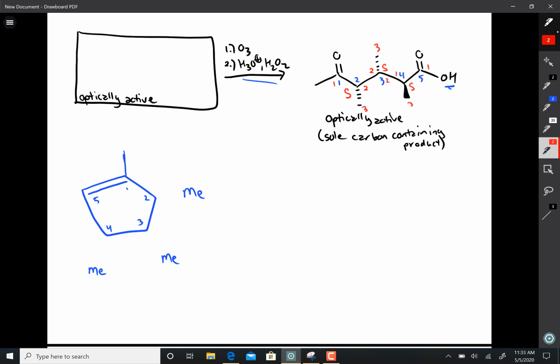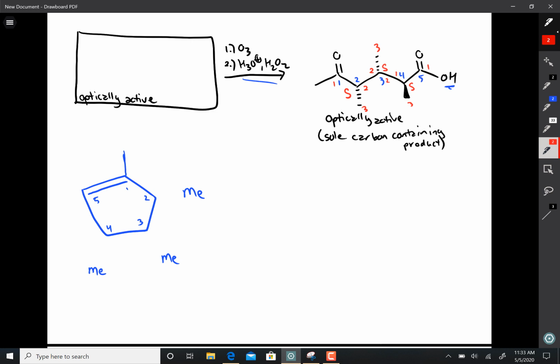Okay, all 3 of them are S's. Now, when you're using R and S to figure out what your starting material are, it's vitally important, and this is where most people mess this up. You have to keep the same priorities in your product as in your starting material, regardless what the actual priorities are.